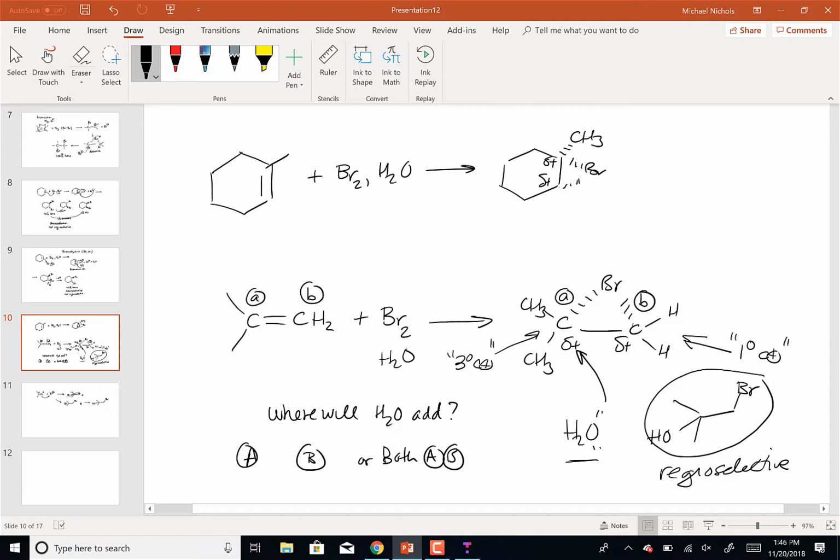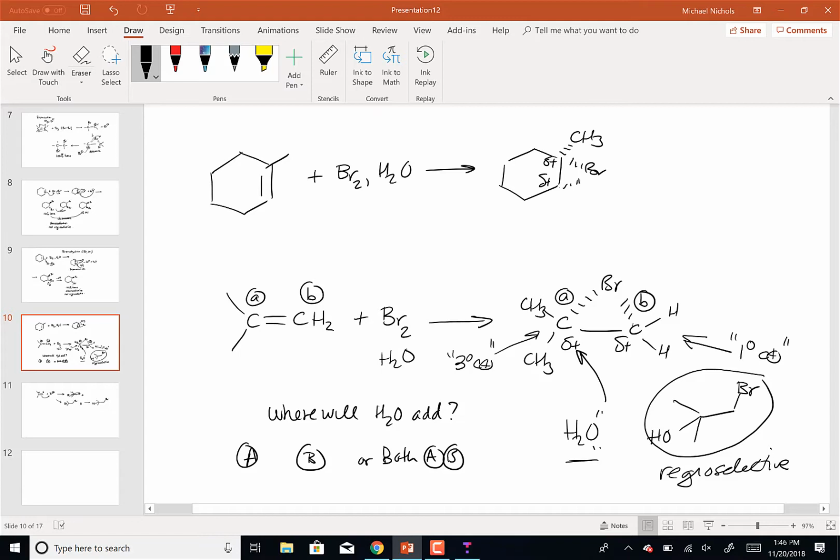And they all operate on the same principles: if it has an overall positive charge, the nucleophile is going to the most positive carbon. If it has no charge and it's a strong nucleophile, it's going to the least substituted carbon. Okay. So that's why I introduced this whole idea of working with the triangle.